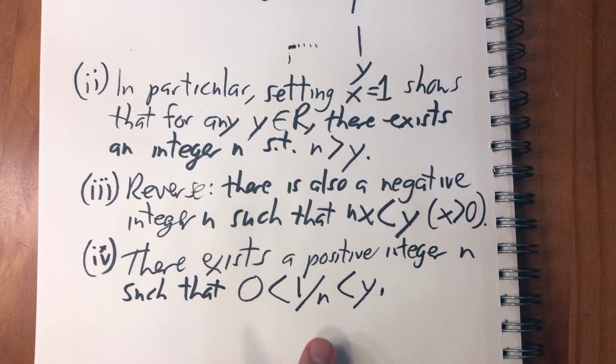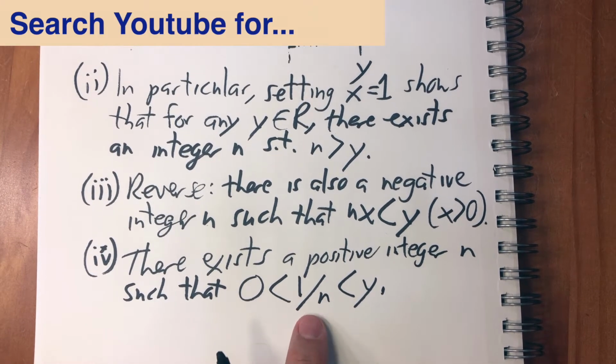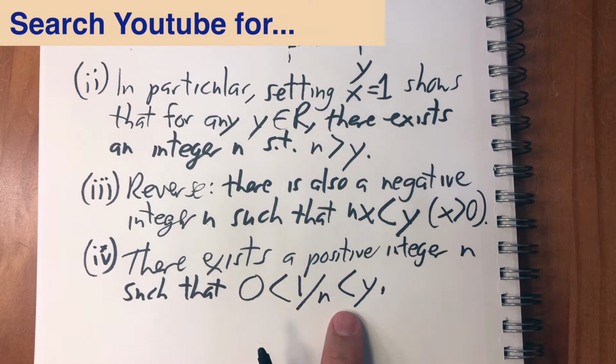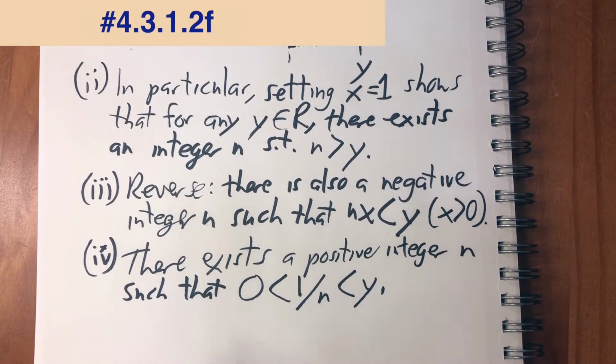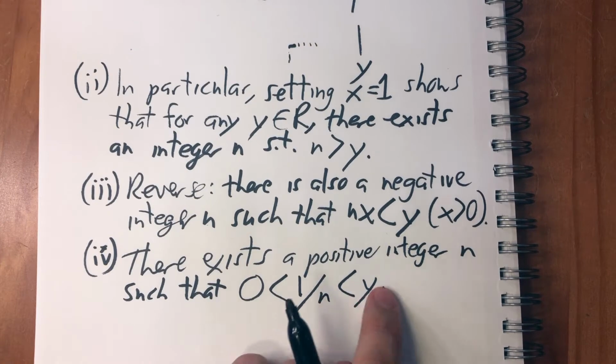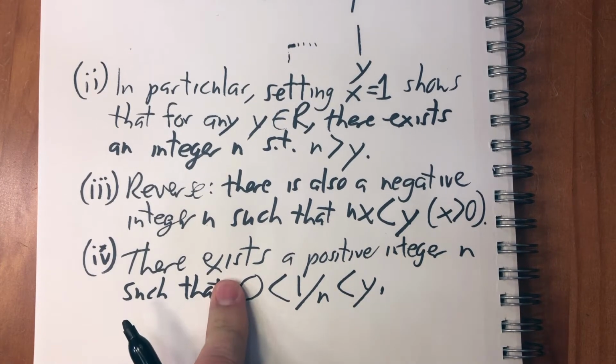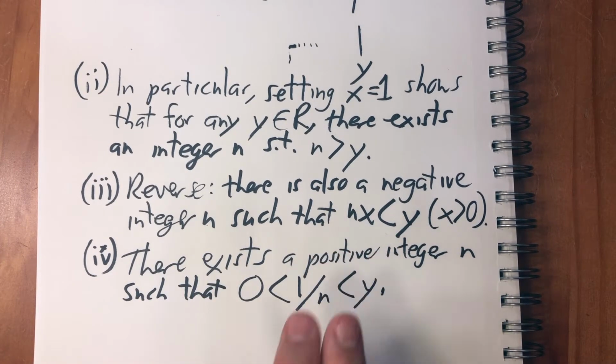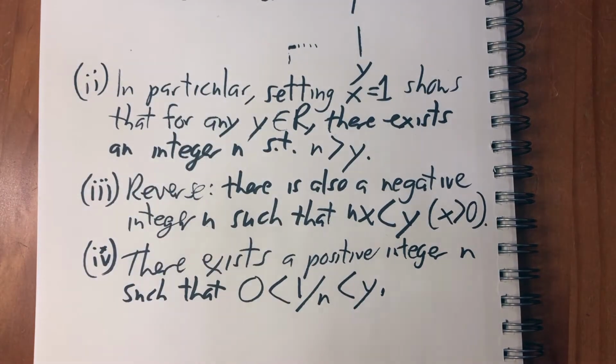Maybe if you think about the properties of the field axioms, you'll be able to see what this is about. But basically, you can also find a fraction that's going to be less than y. No matter how close y is to 0, you're going to be able to find a fraction that's in between.